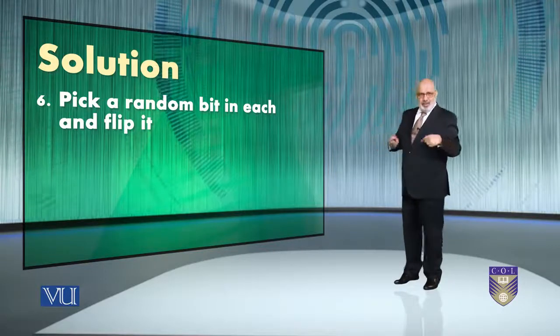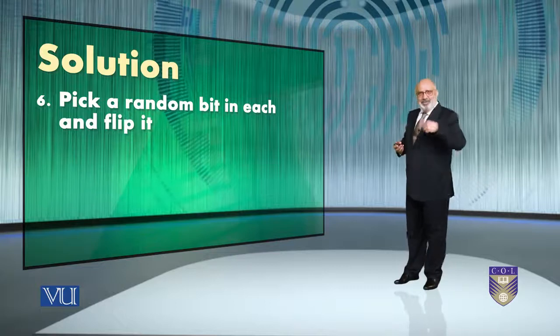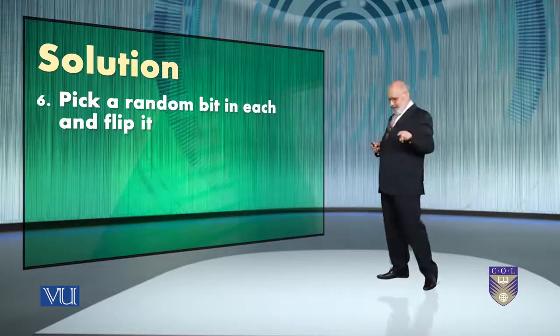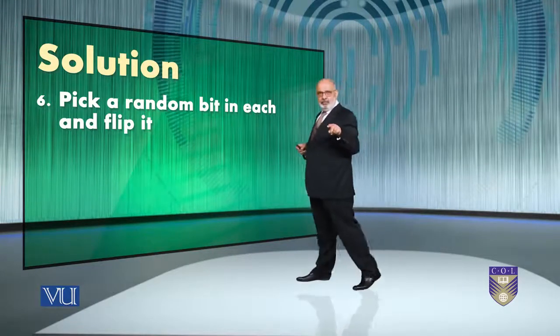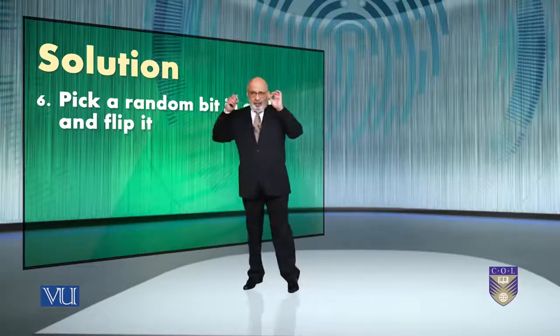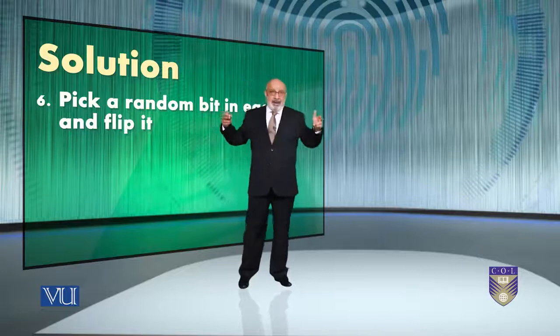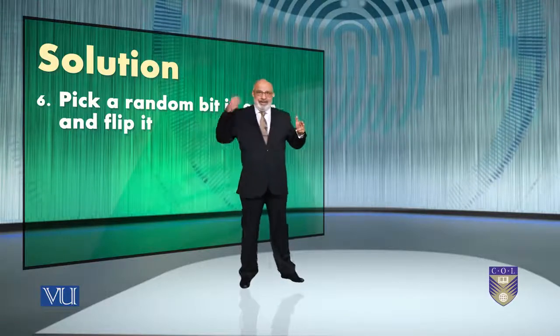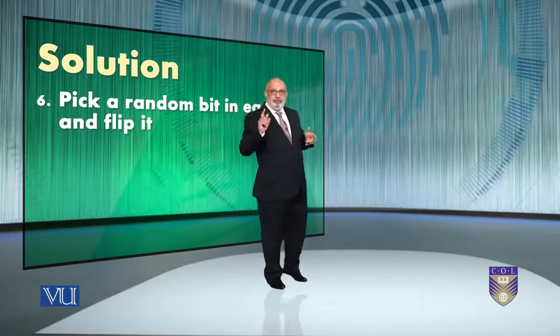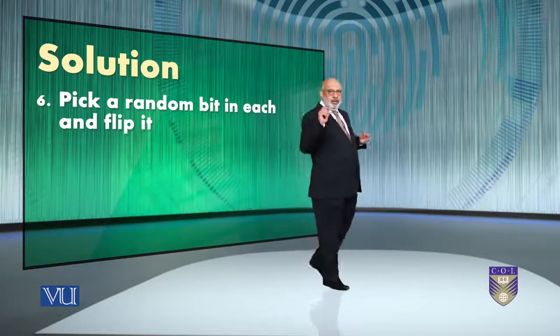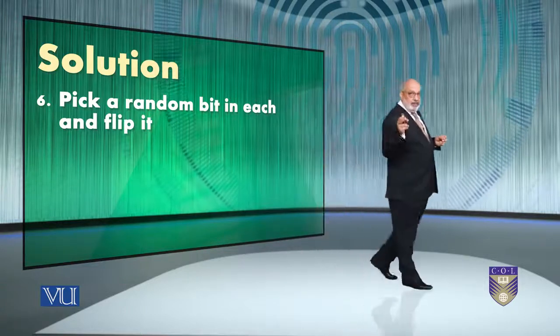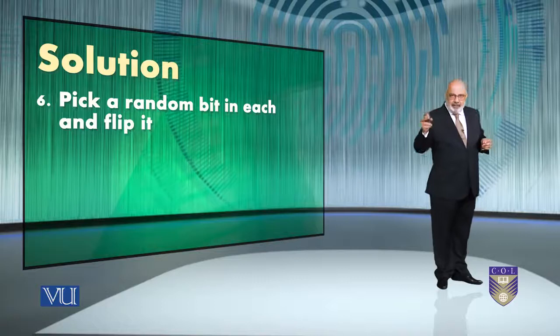But in this case, you will want to switch from 0 to 1 because you're looking for a word that has all ones in it. So pick up one of the top 10, look at the bit pattern, randomly select only one of the bits and make that 0 into 1.